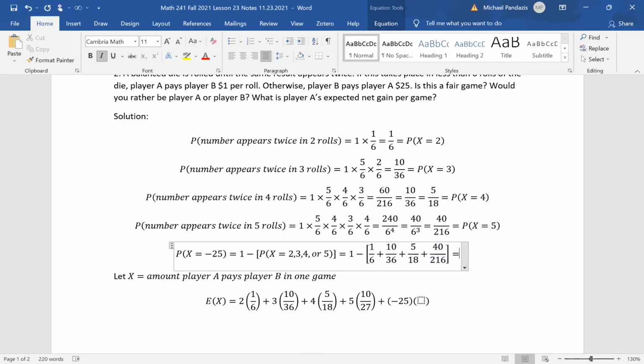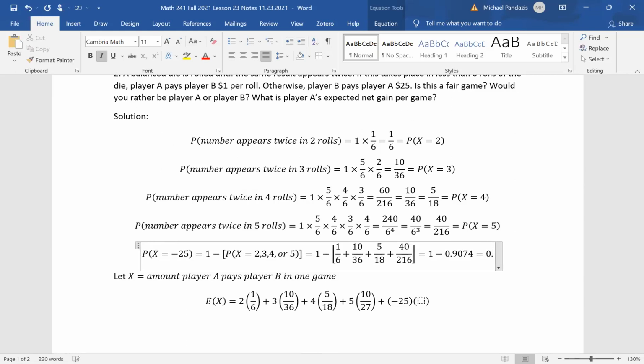Okay, so then that's it. So now it's 1/6 plus 10 divided by 36 plus 5 divided by 18 plus 40 divided by 216. Okay, so this is equal to 1 minus 0.9074.